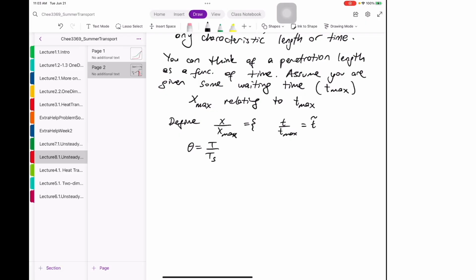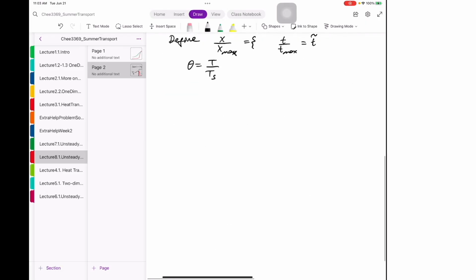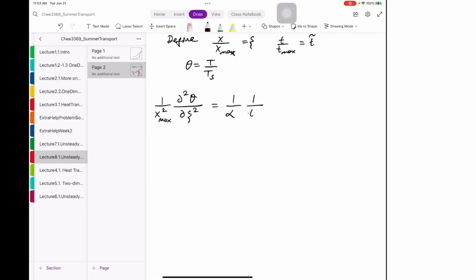then you would get something like del squared theta over del psi squared times 1 over Xmax squared is equal to, on the right hand side, 1 over alpha times 1 over Tmax del theta over del t tilde.